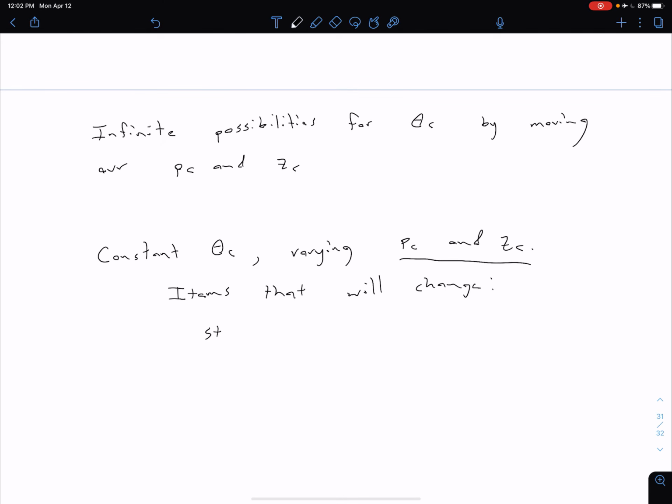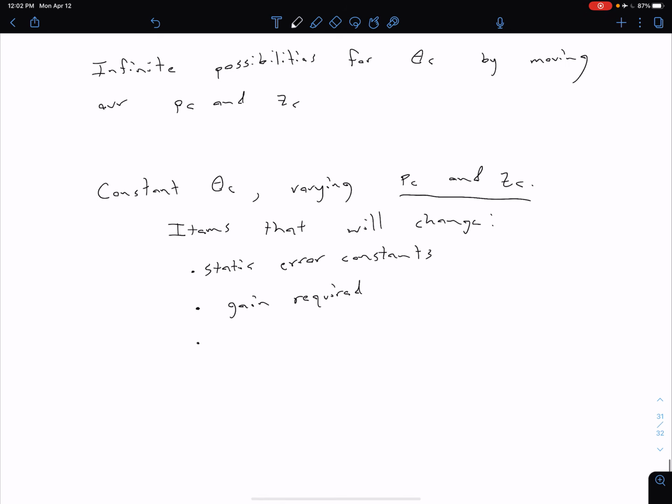We can see change in our static error constants, and so ultimately that means changes in our steady state error. We can also see changes in the gain required to reach a certain point, so that also comes into play with our steady state error as well as other items. We might also be making it either appropriate or inappropriate to use our second order approximation and therefore our second order equations if we're talking about time response. And of course, ultimately, all of these things are affecting our transient response as well.